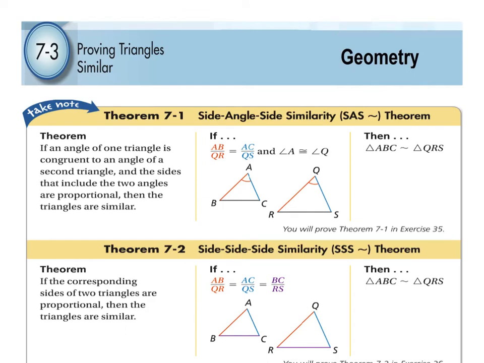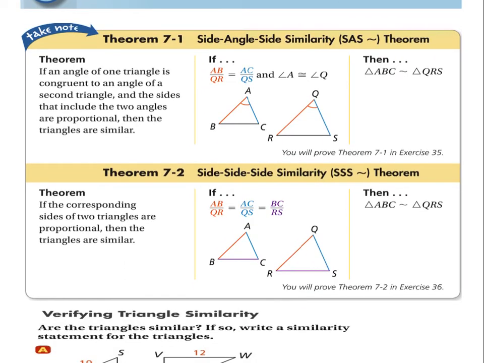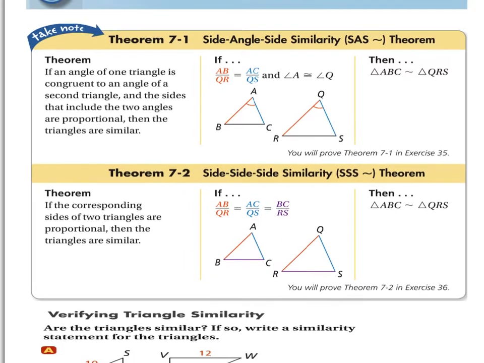Okay, now let's take a look at the other two similarity theorems that we're going to look at. The side-angle-side similarity and the side-side-side similarity. They're fairly straightforward. Okay, so they're essentially what they say they are. So it says if an angle of one triangle is congruent to an angle of another, and the sides that include the two angles are proportional, then the triangles are similar.